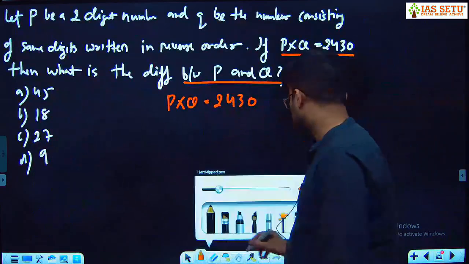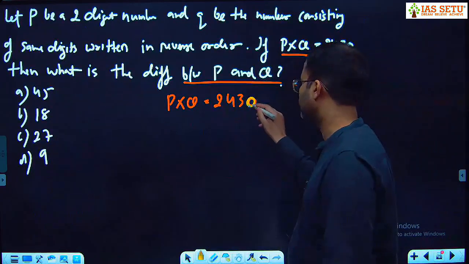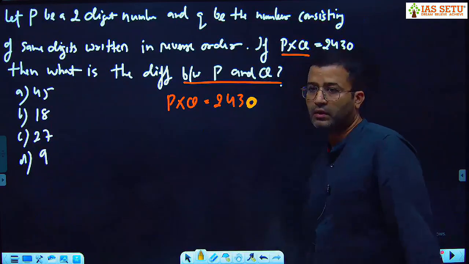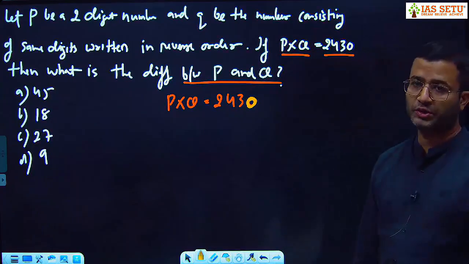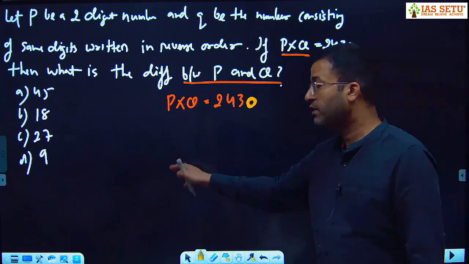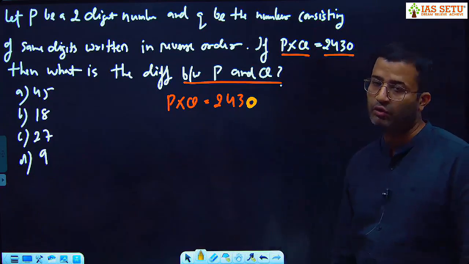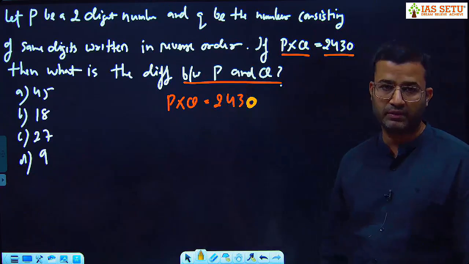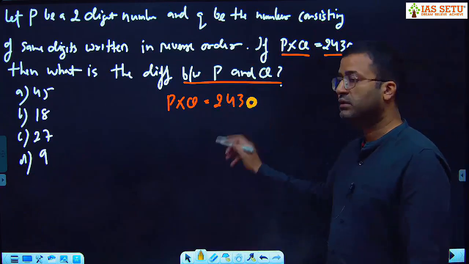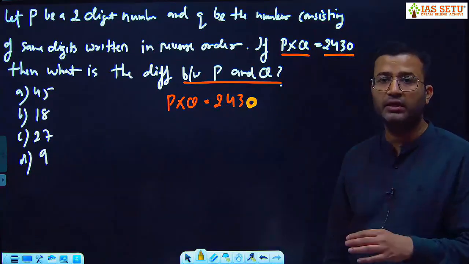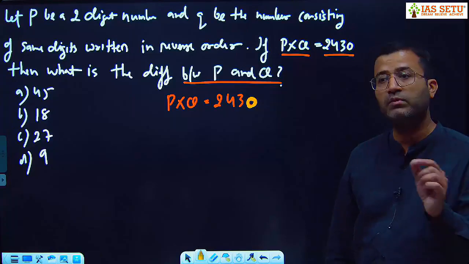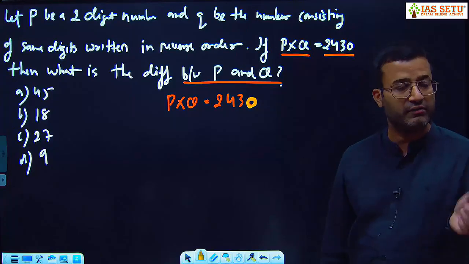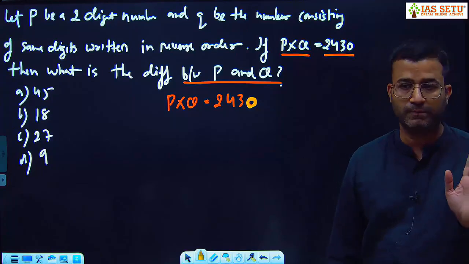The first observation here is that it ends in 0. How is this 0 possible? Either one of the numbers is a multiple of 10, or 5 is multiplied with an even number. When does 0 come? A multiple of 10, a multiple of 20 gives you 0, or 5 multiplied with an even number. 5 combined with 2 gives a 0.